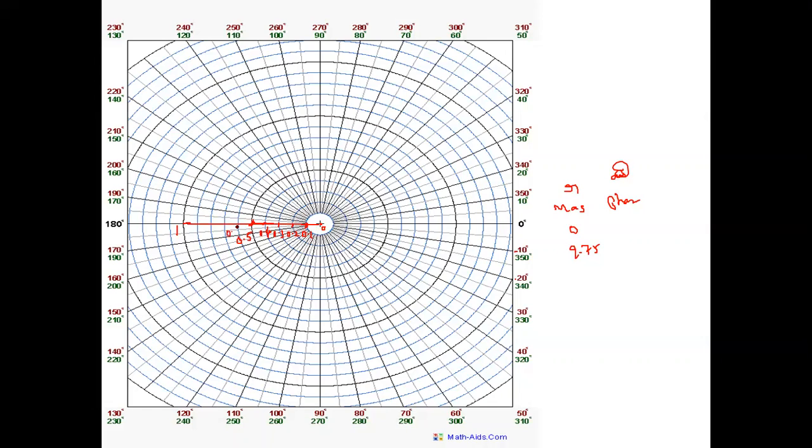Like this you mark; each small circle is like 0.1. Then 0.7, 0.8, 0.9, 1.1, 1.2, 1.3, like that. So this is the radius from the center. Don't bother about whether it is a big circle or small circle. Any value, it's your division, your wish.